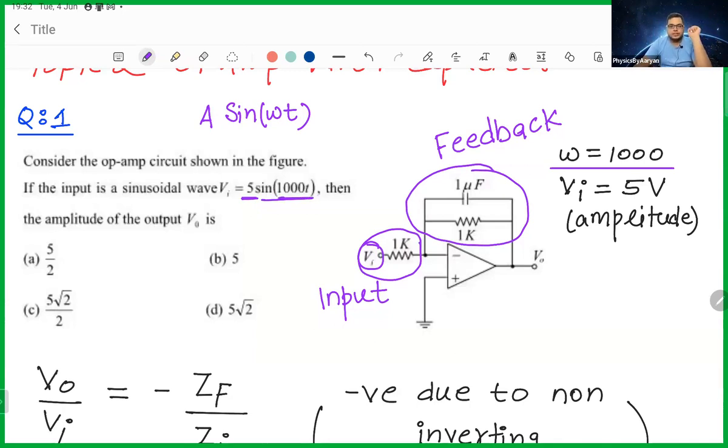Those are the two things which are given. Now what they are asking is the amplitude of the output voltage. So basically I need to know what my output voltage is and what the amplitude of that is.